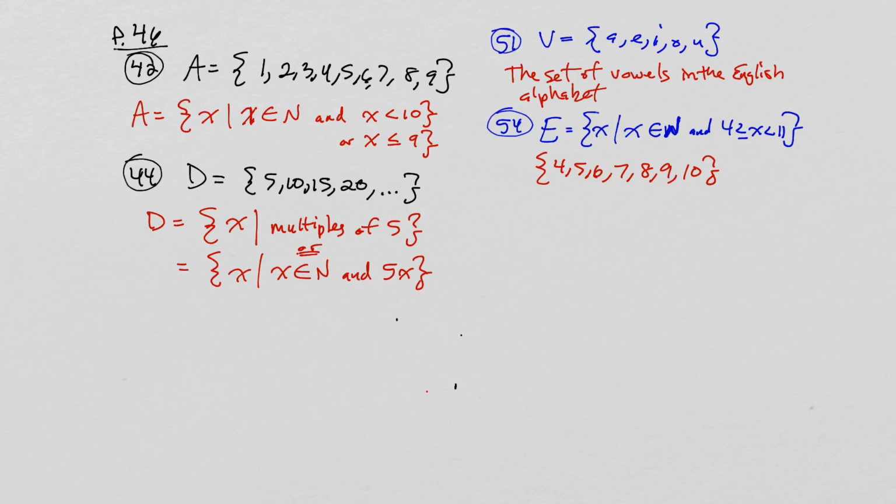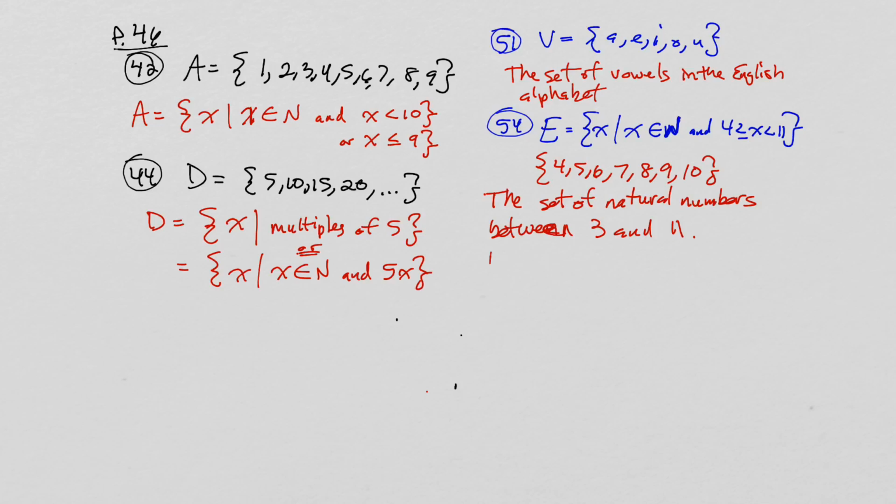So a description of that would be the set of natural numbers between 3 and 11.